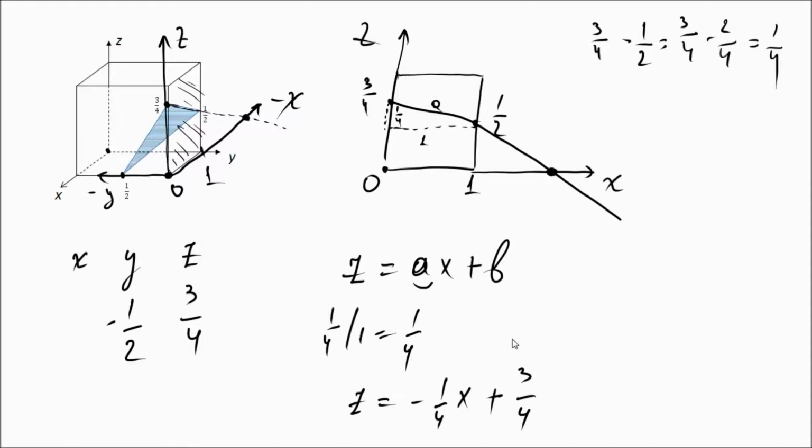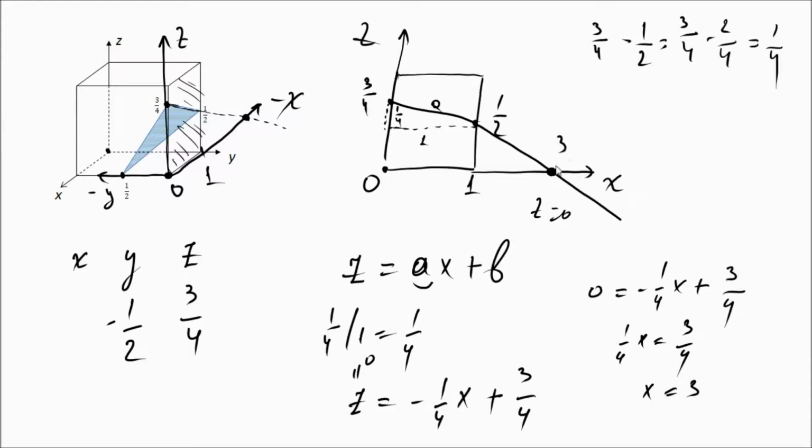So here, I know that when this line intersects x-axis, z will be 0. So plug in 0 and solve the equation. X is equal to 3. So 3 over here, but I am on negative x-axis, so it is negative 3.